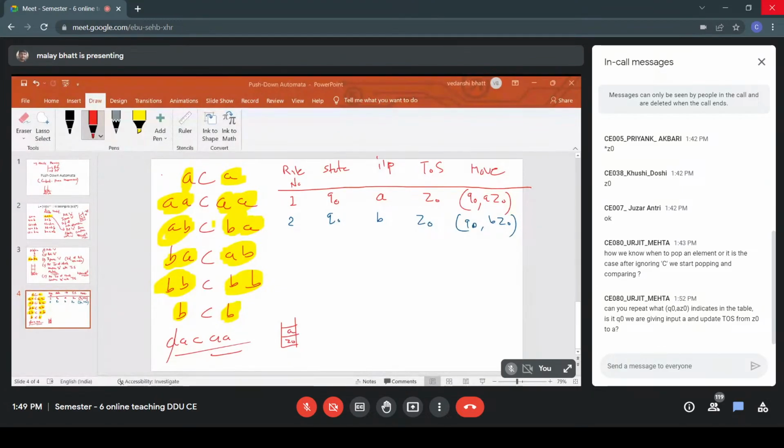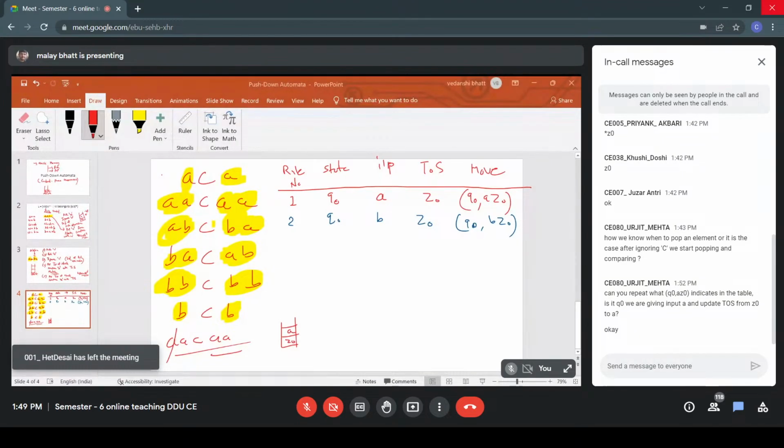Q0 means still we are having a push operation because we are not changing the state. AZ0 means now we are pushing A from the input to the stack.